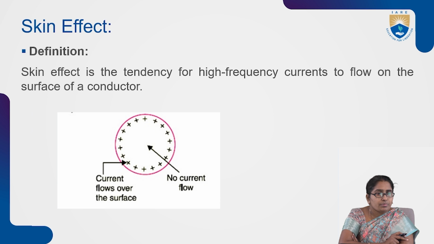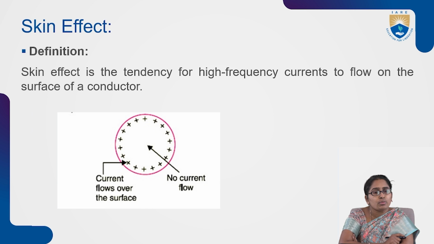Skin effect means tendency of high frequency currents to flow on the surface of the conductor. That means I'm talking about only AC current. So when AC current flows through a conductor, this is what happens.